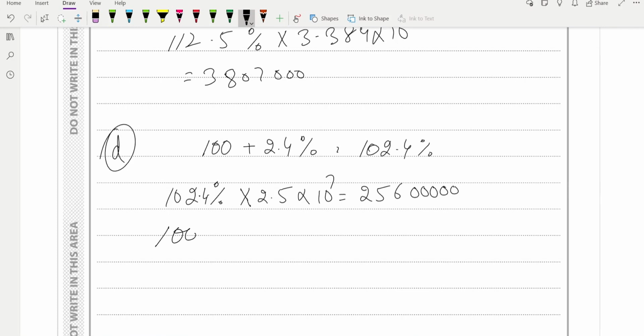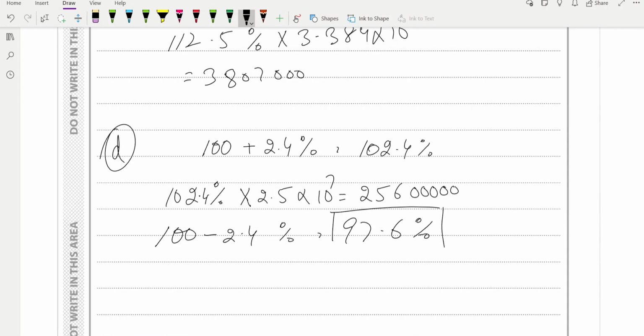Now we have to decrease this number by 2.4%. So now we will calculate 100 minus 2.4 percent, which will be 97.6%.